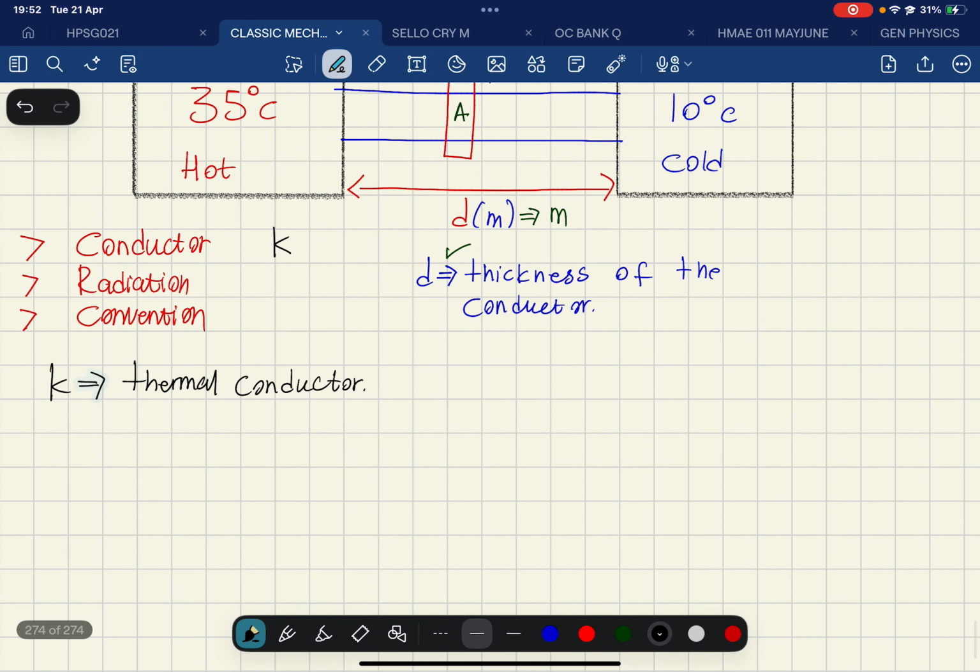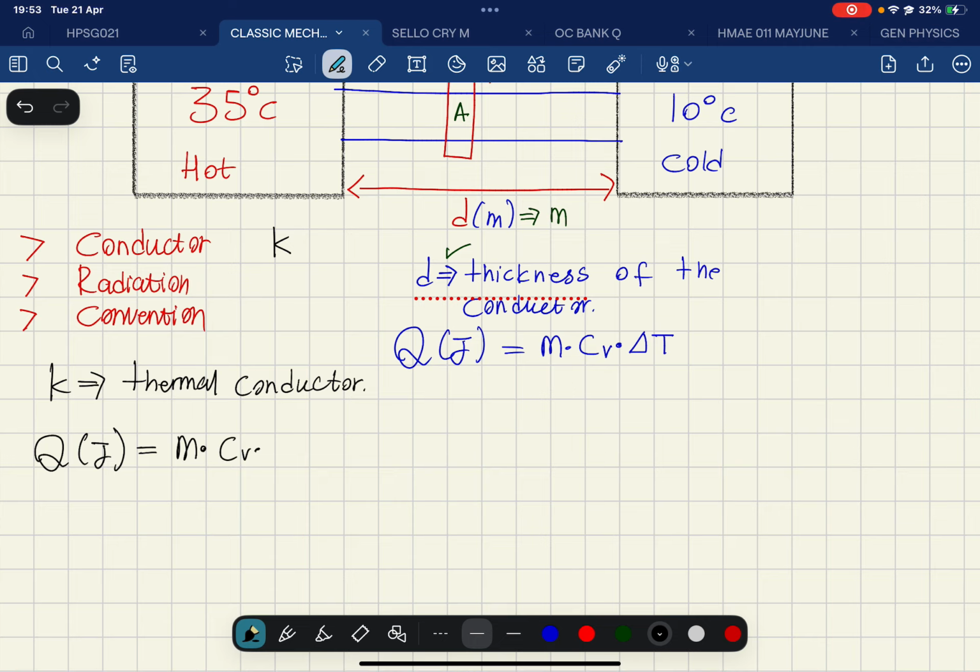You must know that the heat, denoted by Q and measured in joules, is equal to the mass multiplied by the specific heat capacity, then multiplied by the change in temperature. So let's write it again: Q equals m c times the change in temperature.